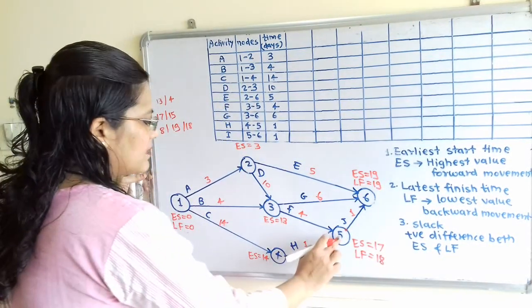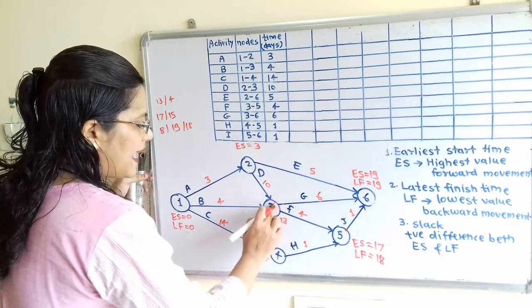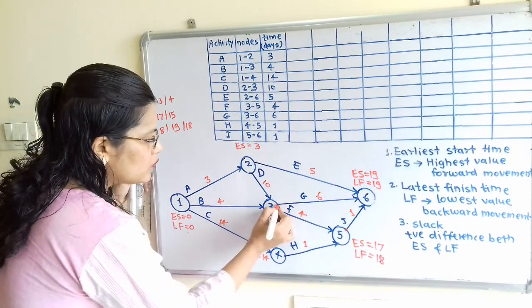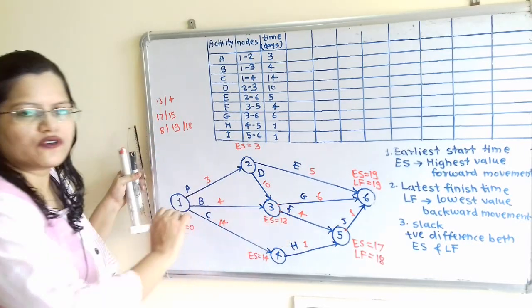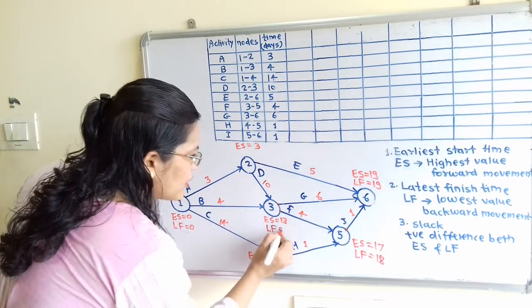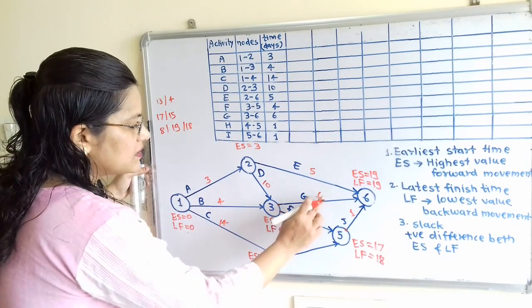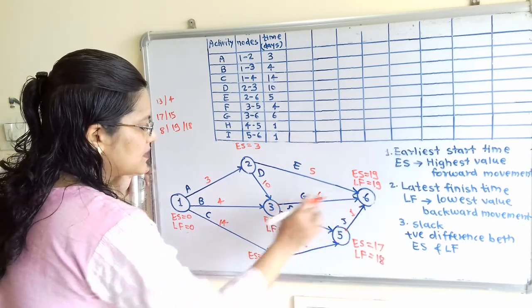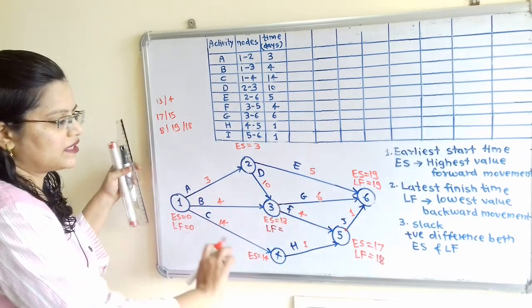After that we will calculate the LF at node 3, because at node 3 there are two start points of the arrow. So how to calculate LF? For that we have two options, from 6 to 3 as well as 5 to 3, that we can move in the backward direction.